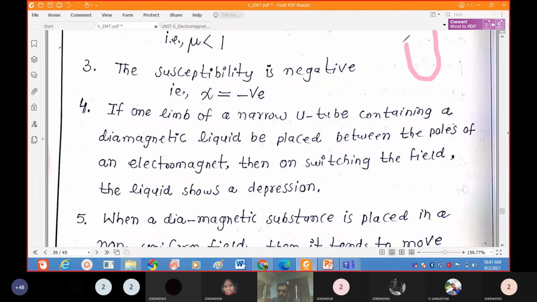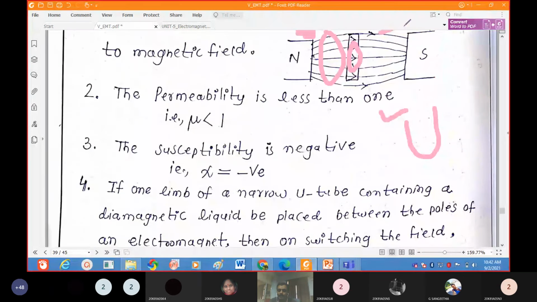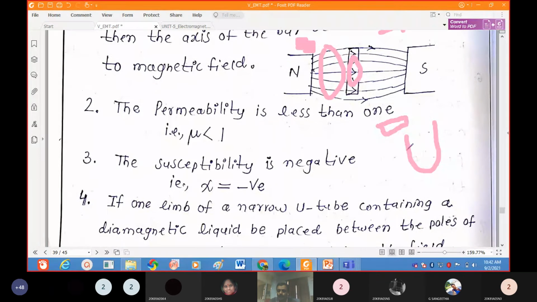If you bring the electromagnet nearer to that diamagnetic liquid, what happens? Automatically this level will be reduced, because you place the magnetic material here.